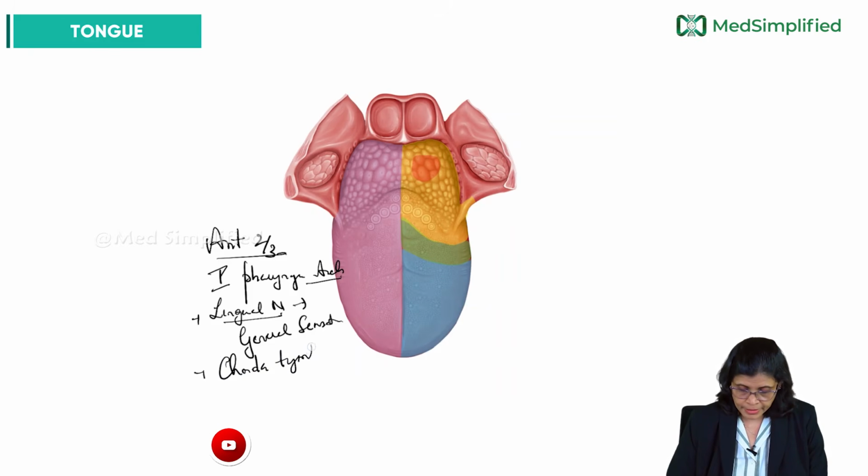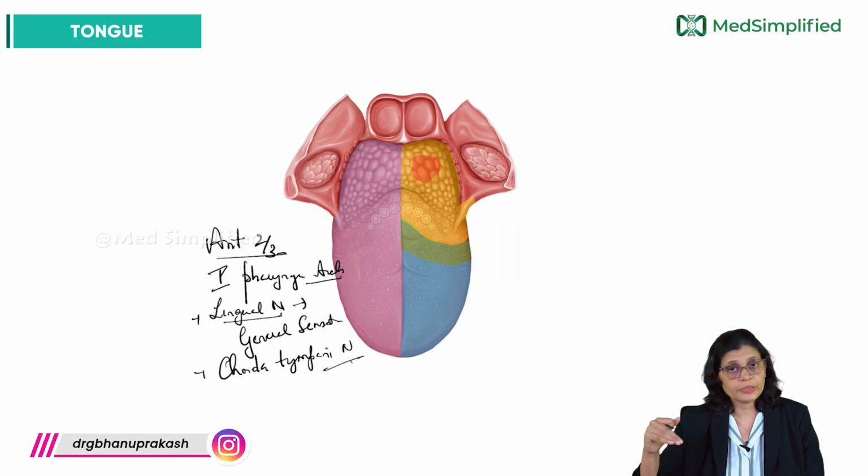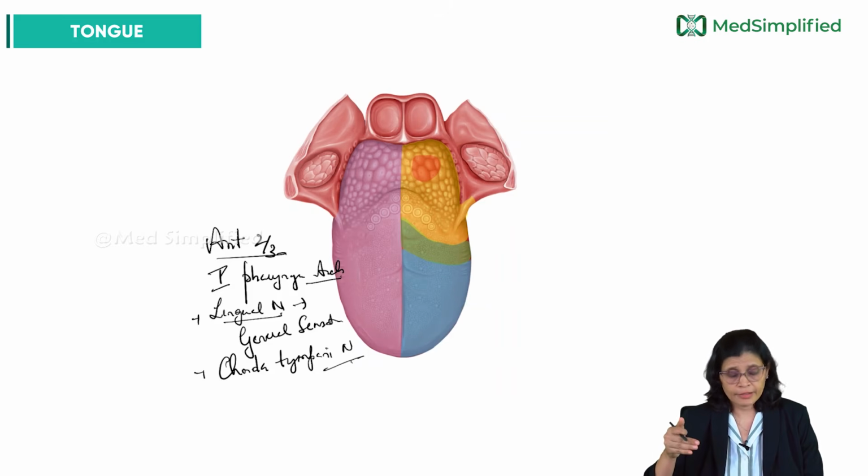This chorda tympani nerve we call the pretrematic nerve of the first arch. This one carries the special sensations of taste, whereas the general sensations of touch, pressure and temperature are carried by the lingual nerve.